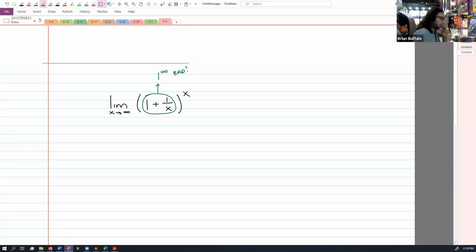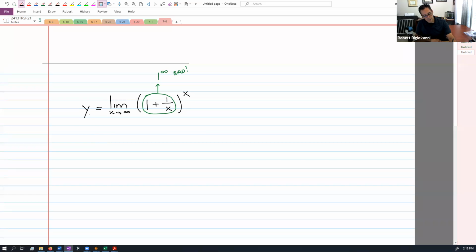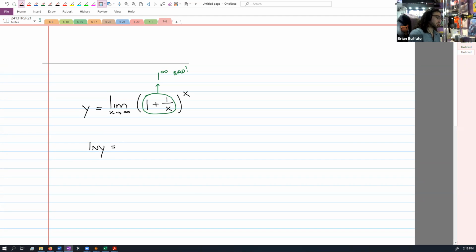Then for the next step, I put the natural log on each side. Okay, so you call this thing y. And then y, you put the natural log: y equals the limit as x goes to infinity of x times the natural log of 1 plus 1 over x.